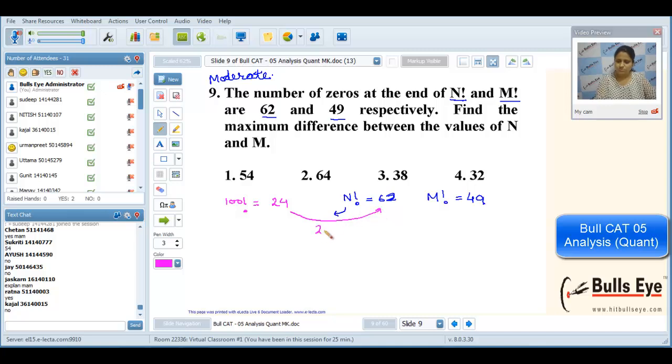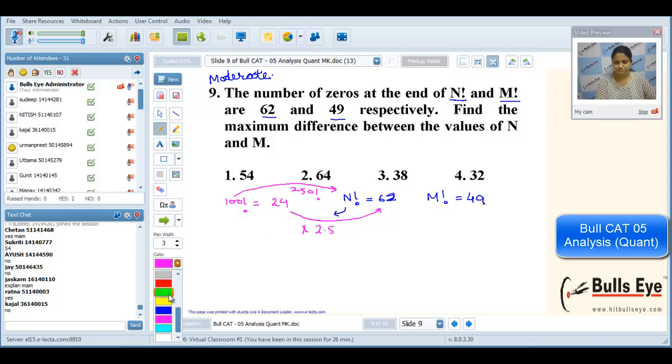It means almost 2.5 times. We will take 2.5 times of this. It will be 250 factorial. I am not saying that n will become 250, but it will give me a range. So n will be closer to 250.